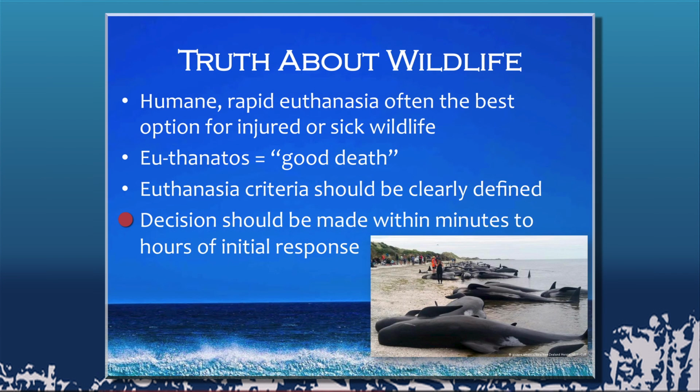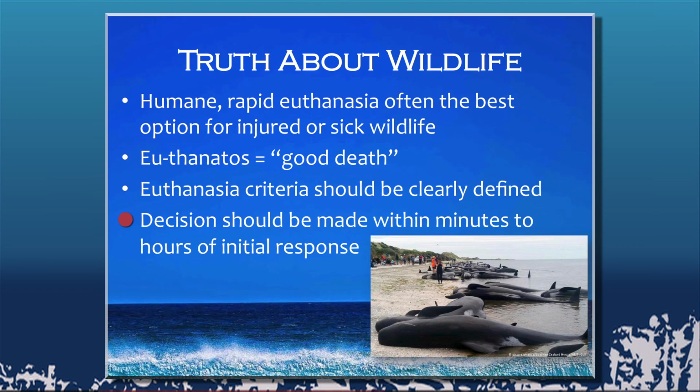Once a decision is made to bring the animal into rehabilitation, success is then defined as bringing an animal back to health and releasing it into its natural environment, and benefiting from this process in terms of public education and scientific knowledge. But either way, the triage process should be done quickly, and the decision should be made quickly if you are going to euthanize.